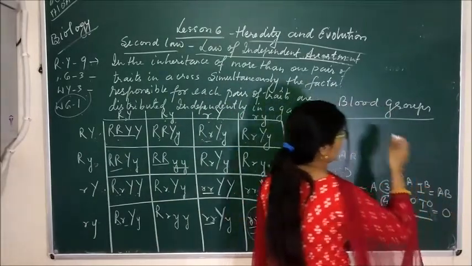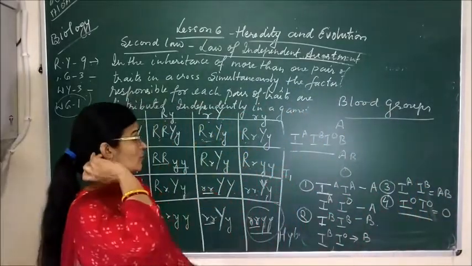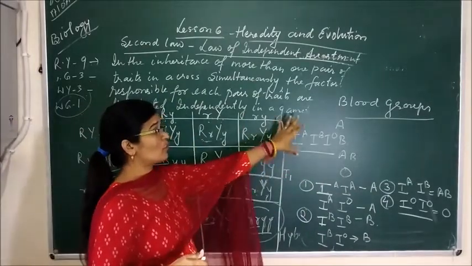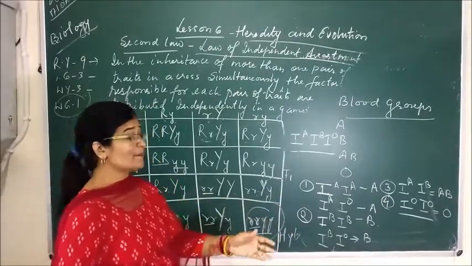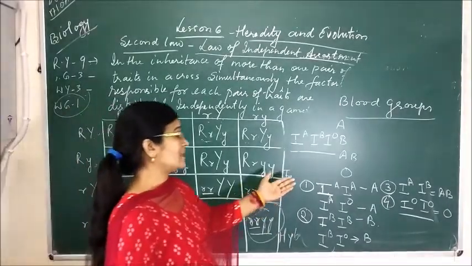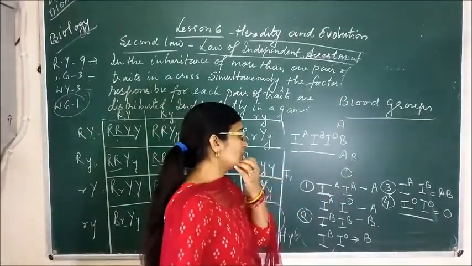So this will decide the blood group of any person out of the 4 blood groups. Any one of the blood groups will be present, and that will decide what type of dominant character of the blood group is present in human beings.